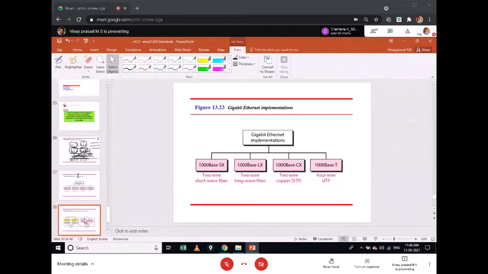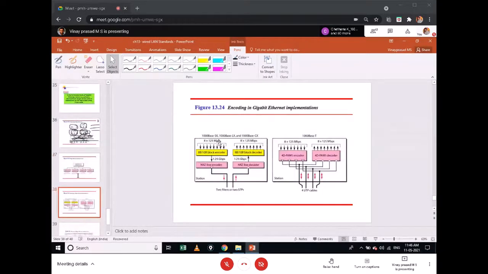For each of these implementations, the first three might use a line coding technique and a block coding technique, and the last one, the four wires of UTP we saw, probably uses the PAM5 encoding technique.